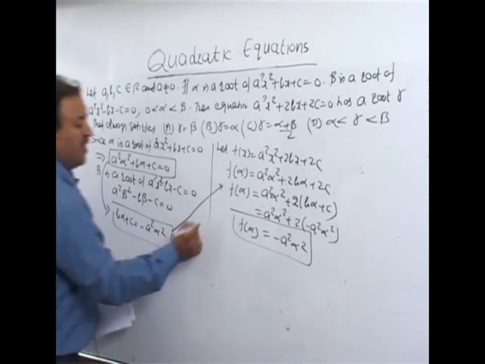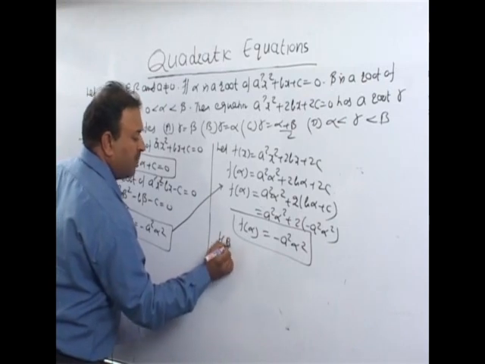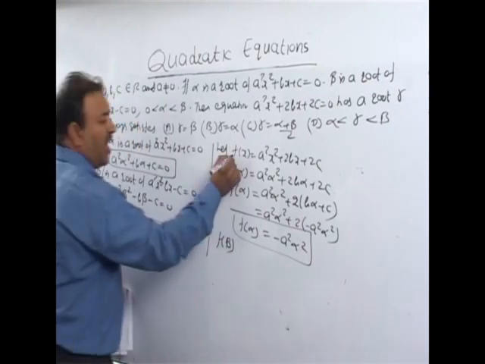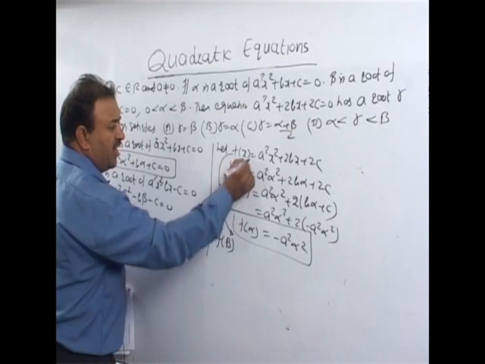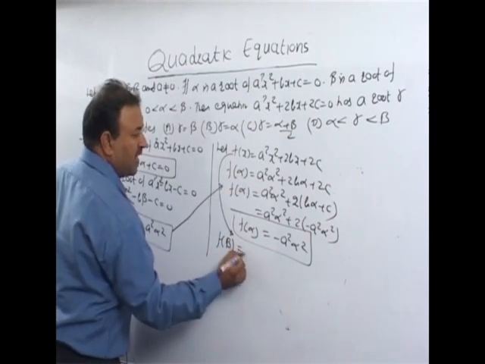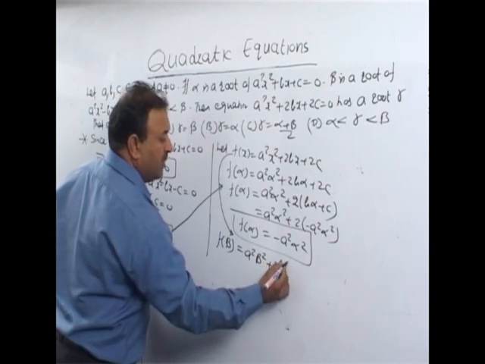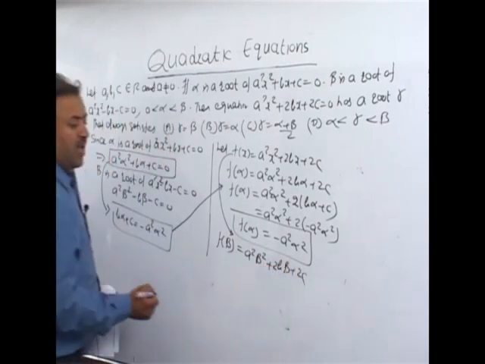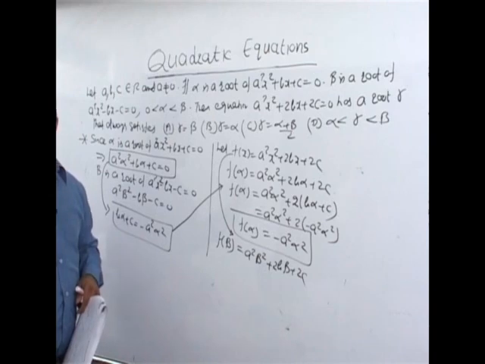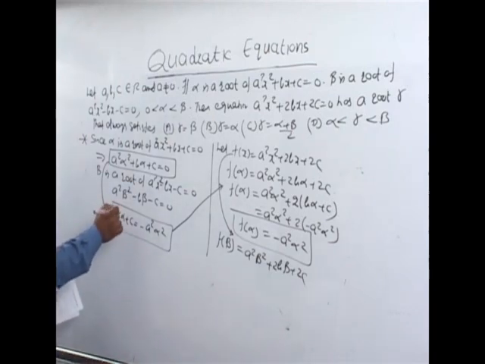Now I find out the value of f beta similarly. F beta is equal to a square beta square plus 2b beta plus 2c. Again, the given condition in beta is this one.